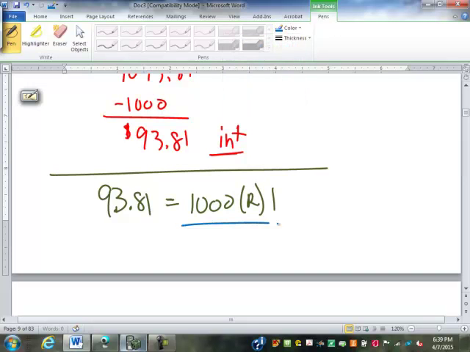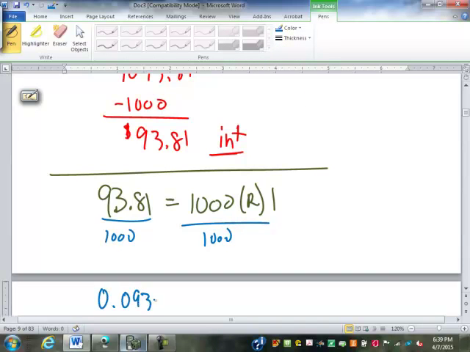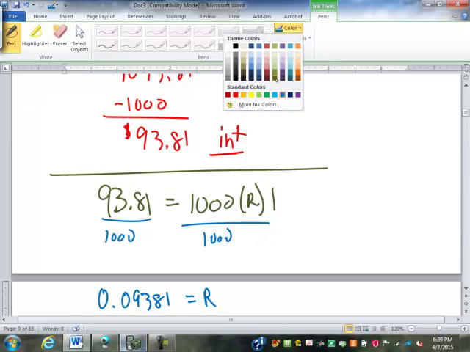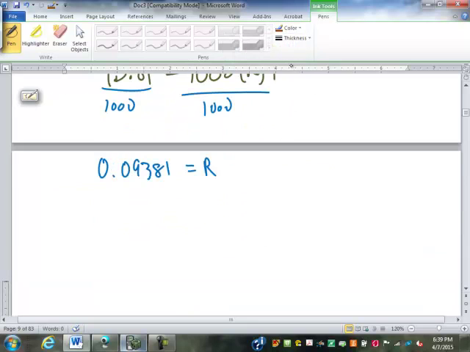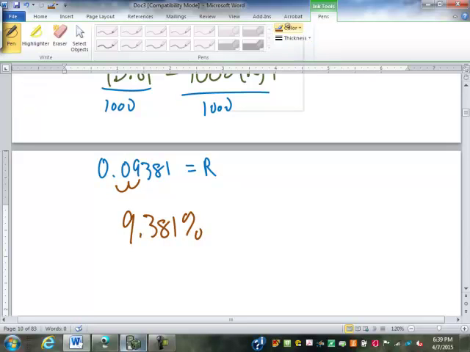So we're going to solve by dividing by 1,000, which is going to give us 0.09381 equals our rate. Then we move the decimal point over 2 spots to get 9.381%. And if we're sticking with rounding to the nearest hundredth percent, we've got tenths, hundredths, that rounds to 9.38%.